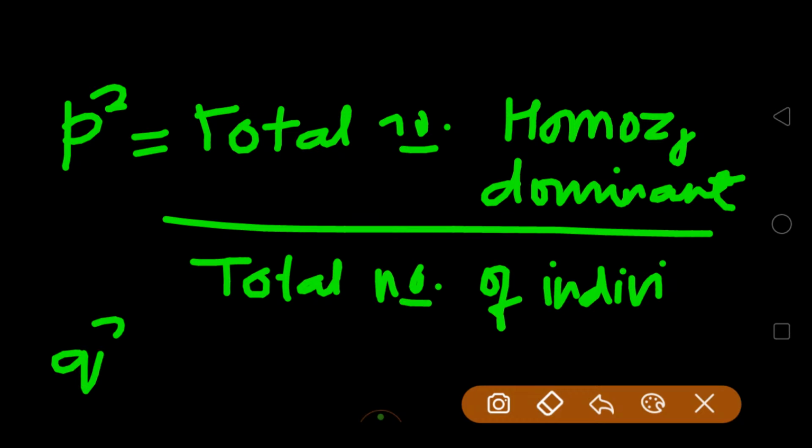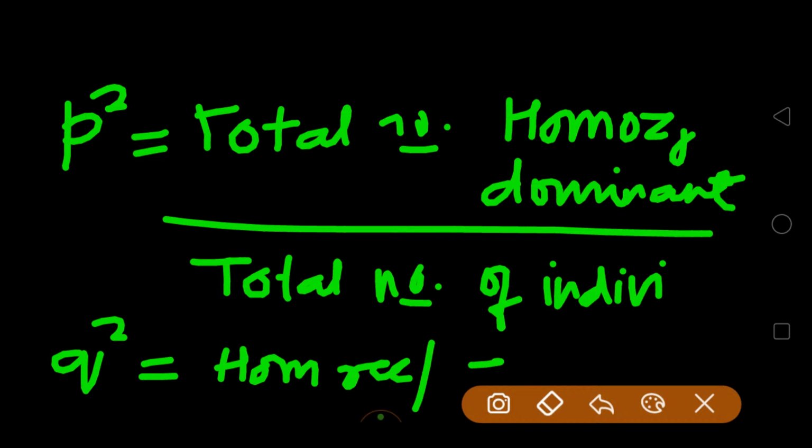Q square similarly is the total number of homozygous recessive individuals divided by the total number of individuals, right?